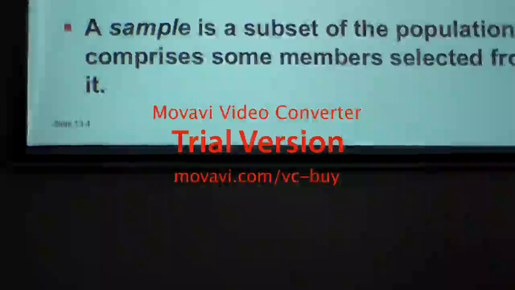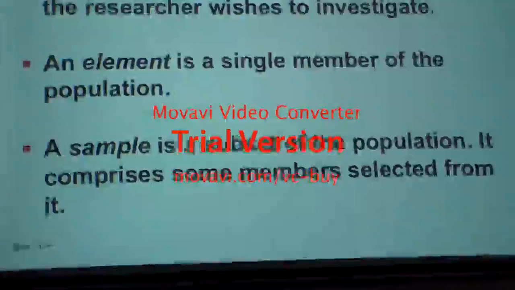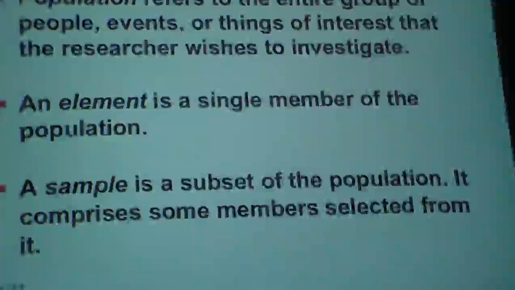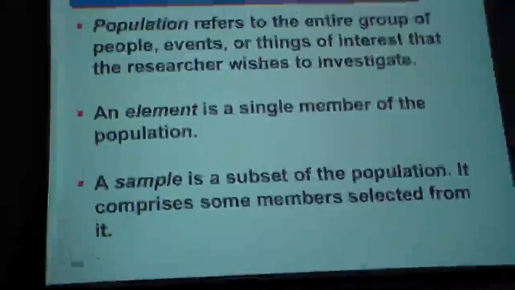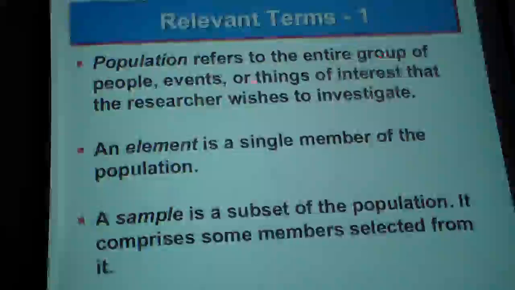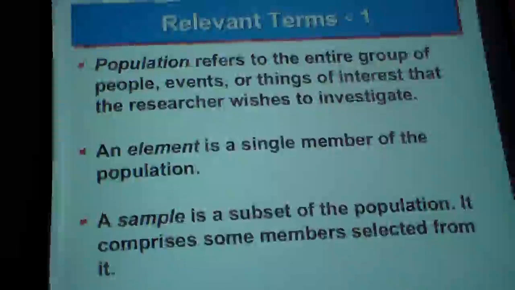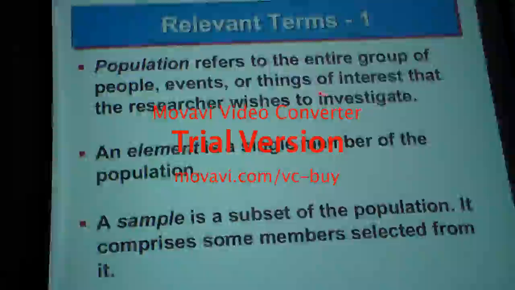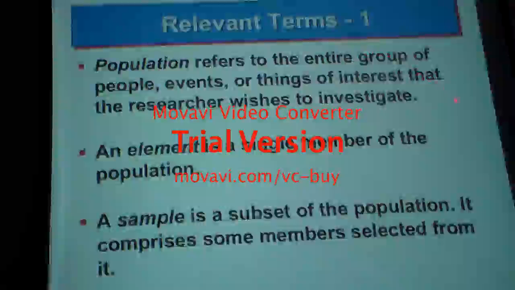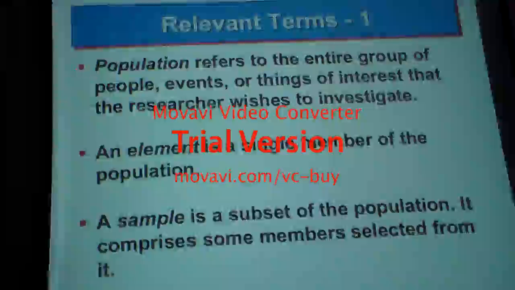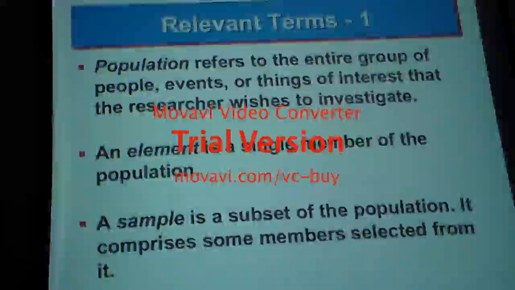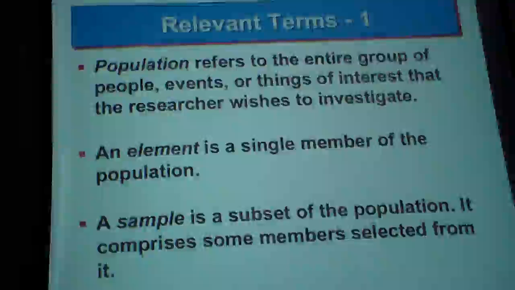Okay, we have some relevant terms we need to understand before going into the sampling. Population refers to the entire group. What do we mean by population? Population means the whole set of elements. It refers to the entire group of, for example, people, events, or things of interest that the researcher wishes to investigate.